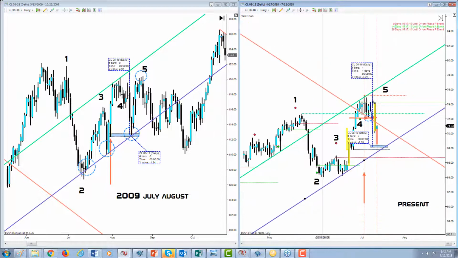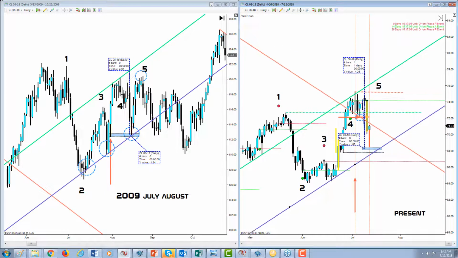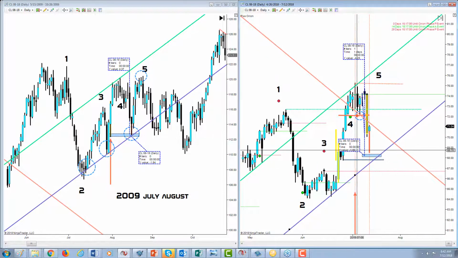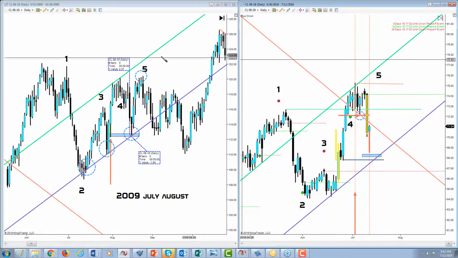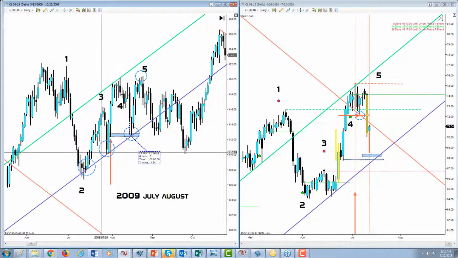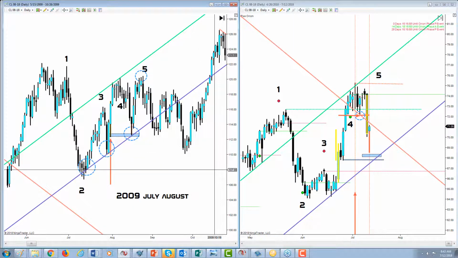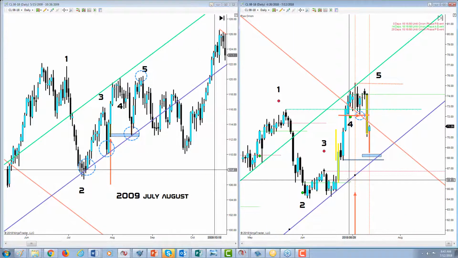Okay, well, over here, I'm going to get rid of these measured moves before we do that. So this blue line is going to help us define where the bottom was.